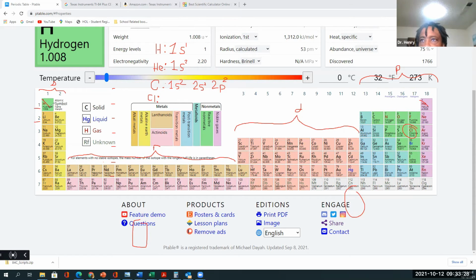So that's 1, 2, so that's 1s2. Then we go 2s2. That's right. Then we go 5, 6, so that would be 2p6.